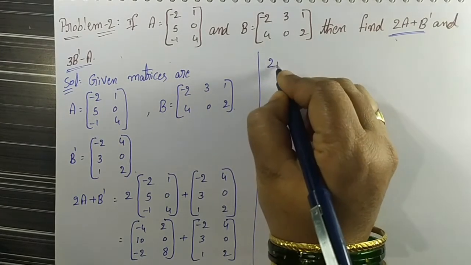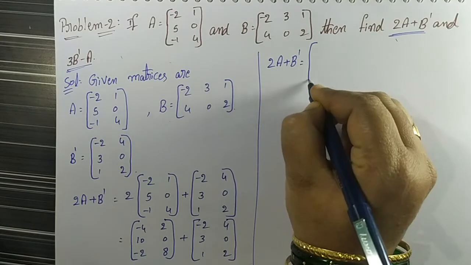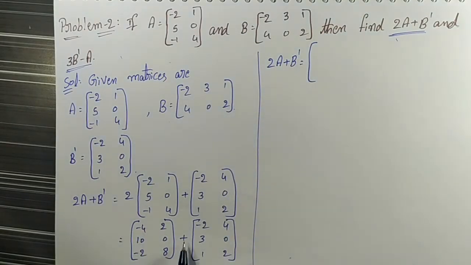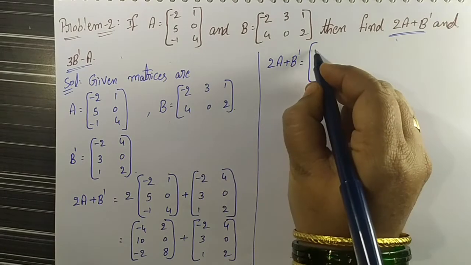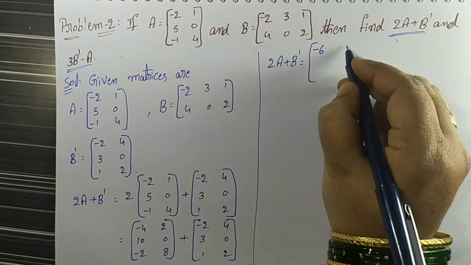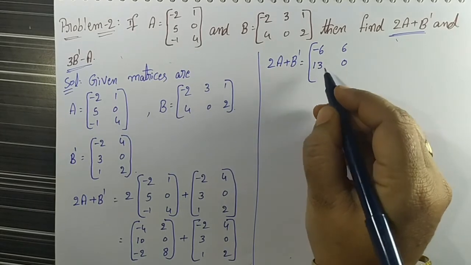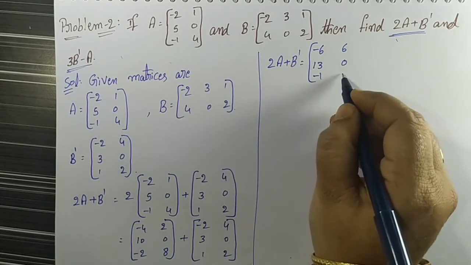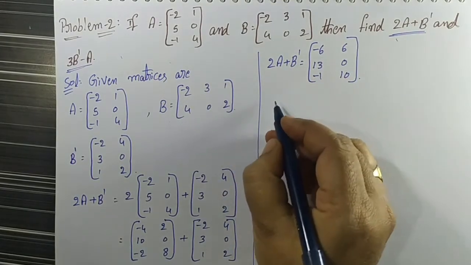Then 2A + B' is equal to the addition value. This is the 2A + B' value.